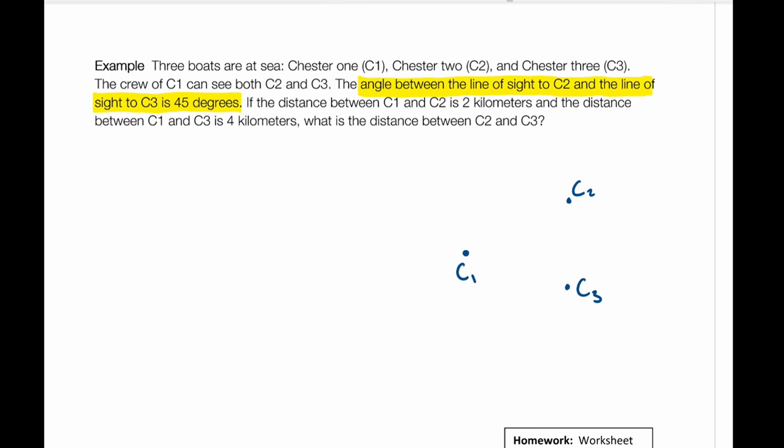Actually, I'll go back in and highlight the other key pieces of information and what we're looking for. So use that to help you finish off the diagram and plug in the key information.